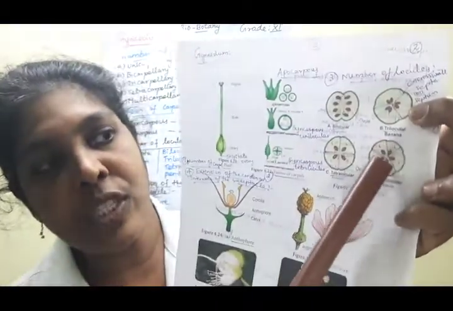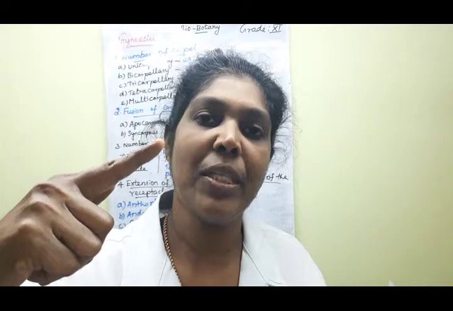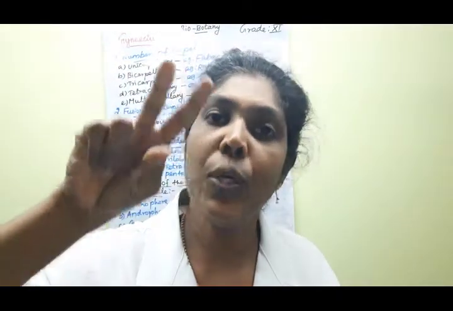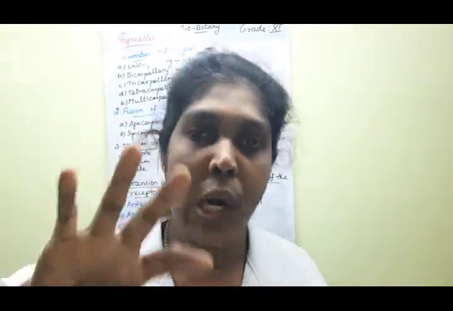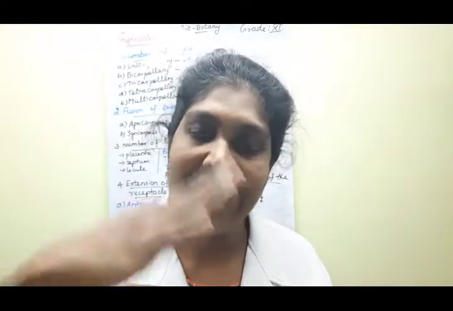Regarding the number of these empty spaces, we use some terms. Only one locule means unilocular. Two empty spaces means bilocular. Then three is trilocular, four is tetralocular, and five is pentalocular. So we describe the number of locules, how many locules are present in the ovary or carpel region. Have you understood? Say yes or no? Yes, very good, children.